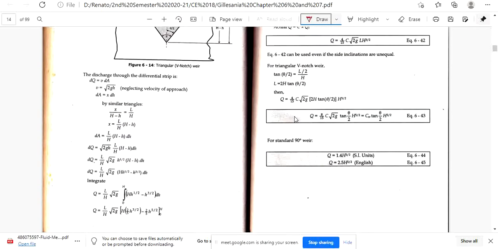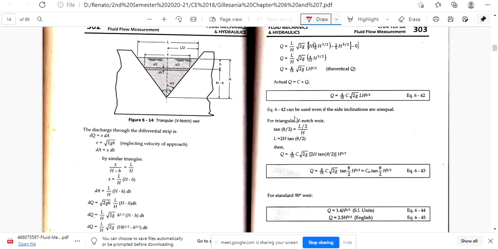So ani nga formula, you are going to use kani Q is equal to 8 over 15 C square root of 2G tangent theta over 2H to the 5 halves. Where kani nga value mao na pud mo CW sa triangular kana. So katong wear factor, coefficient of wear. So mao na pud mo CW.